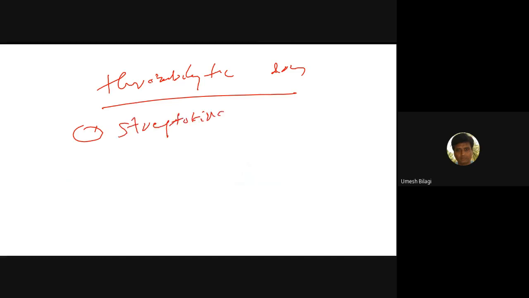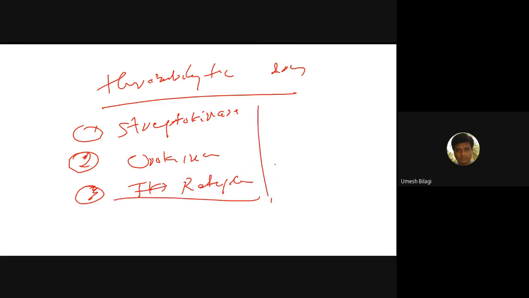Streptokinase, then urokinase, then tPA, and reteplase. Many more are there, but these are the commonly used thrombolytic drugs.